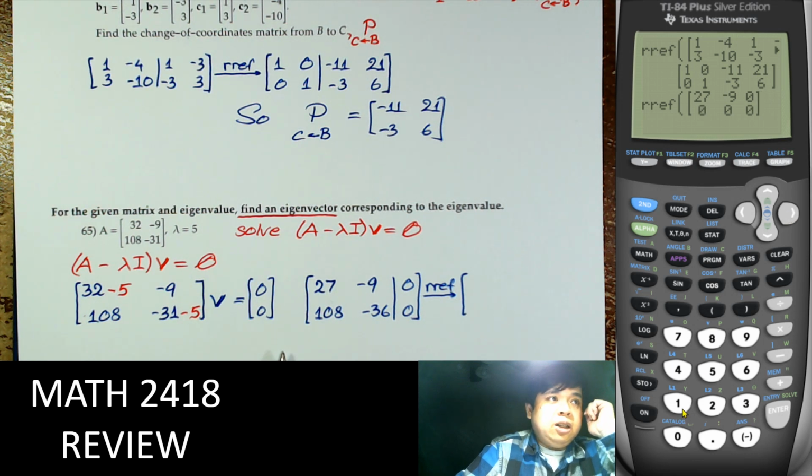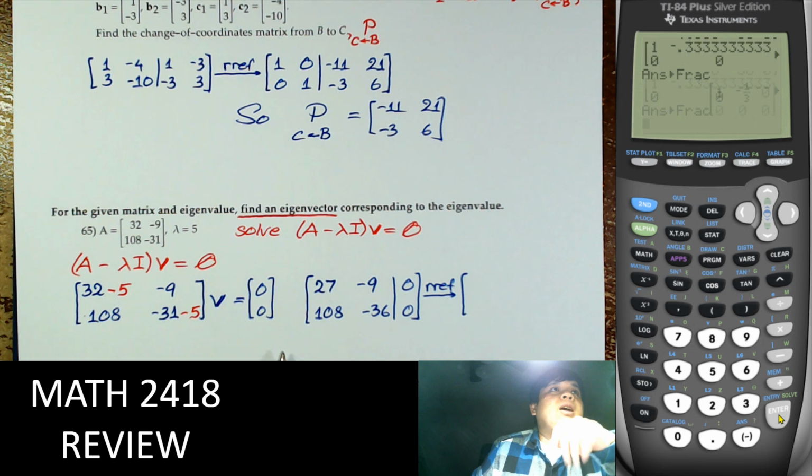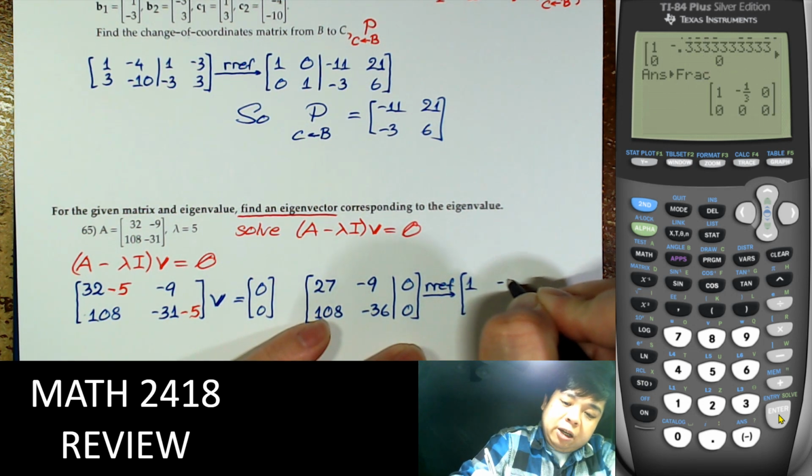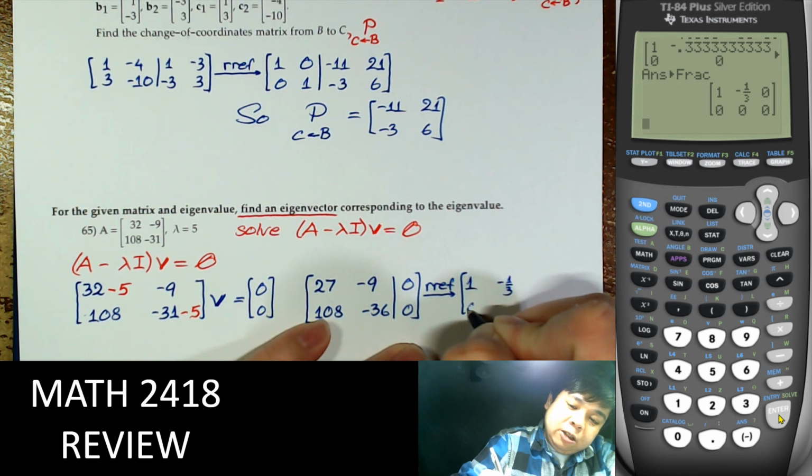So it's 108 and negative 36. Right, convert to fraction. Right, that's 1, negative 1 over 3, 0, 0.